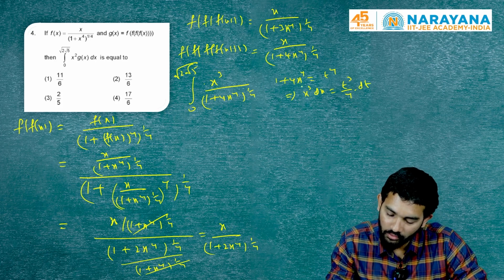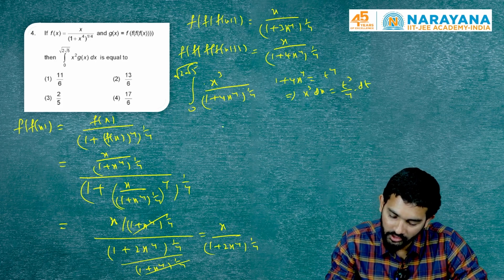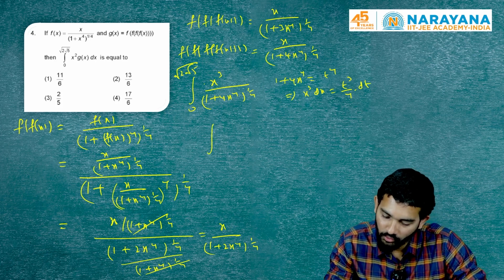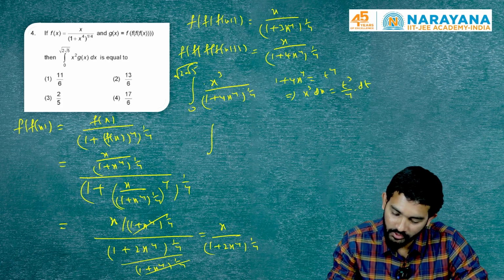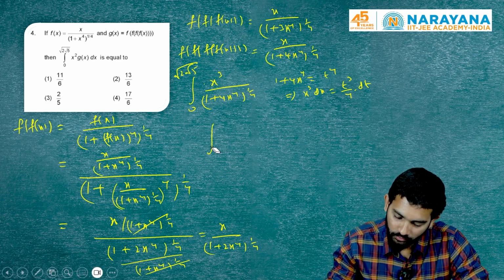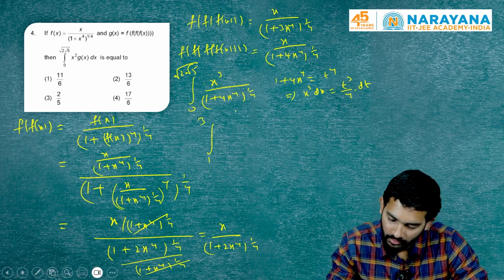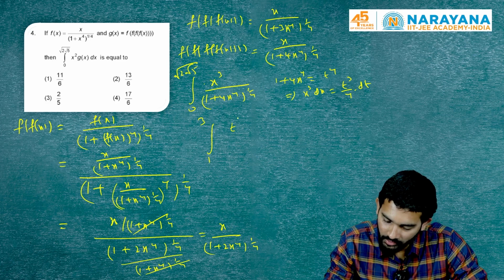When x is equal to 0, t^4 is 1, which means t is 1. When x is equal to square root of 2 root 5, t^4 is 81, which means t is 3. So it will be the integral from 1 to 3 of t^3/4 into t dt.